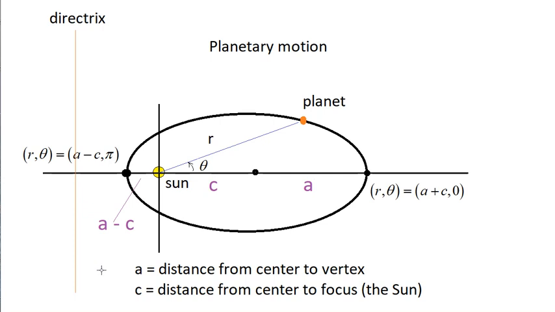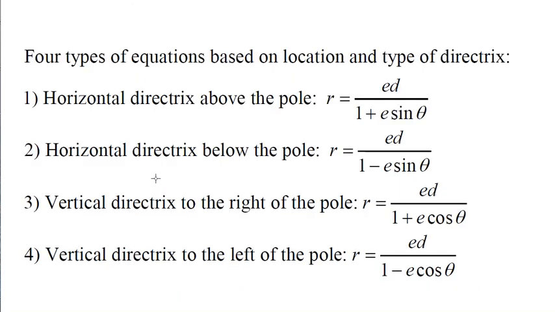So our equation will be this polar equation: directrix to the left of the pole, r equal to ed divided by 1 minus e cosine of theta.